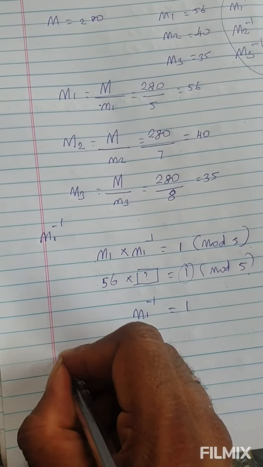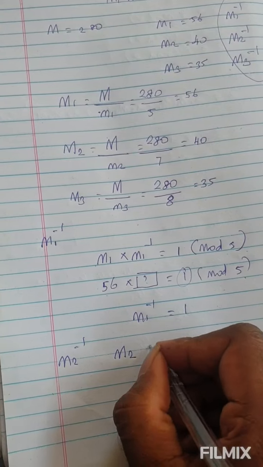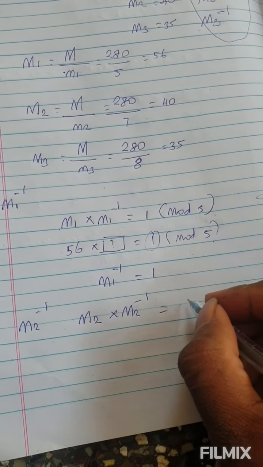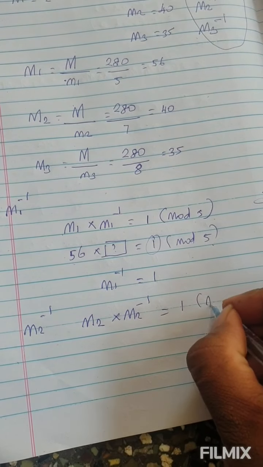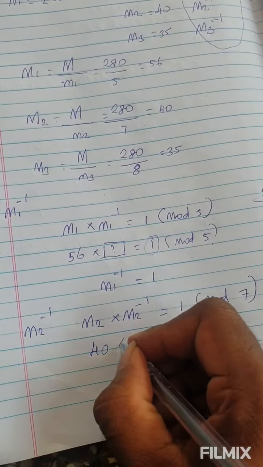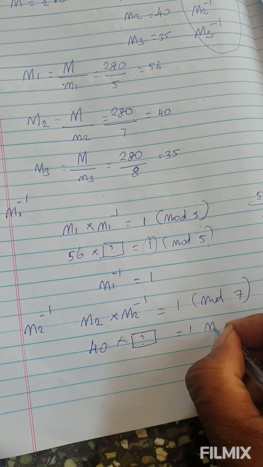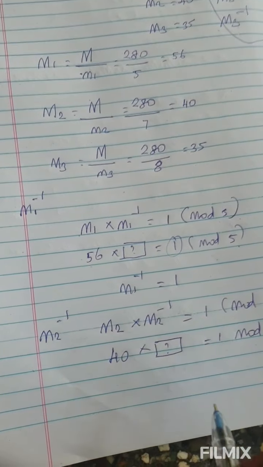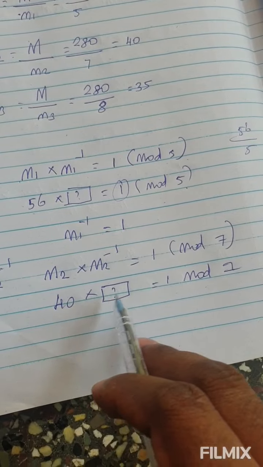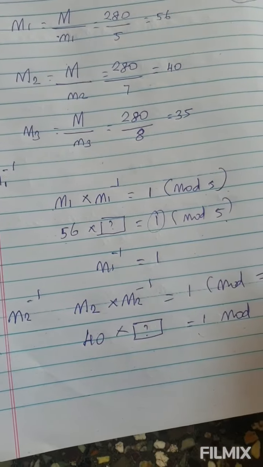Like that, M2 inverse. M2 multiplied by M2 inverse, the given modulus is 1 mod 7. So 40, this value only I am going to calculate, then 1 mod 7. If I substitute 1 here, 40 divided by 7, the remainder is not 1, so we cannot take 1.